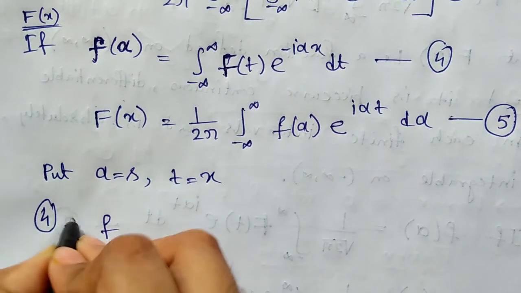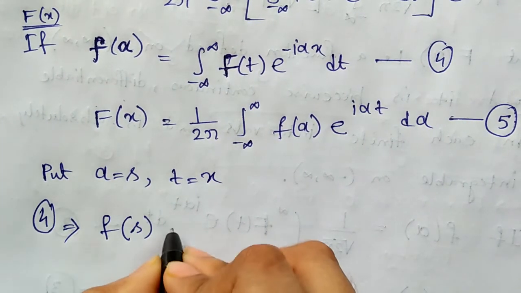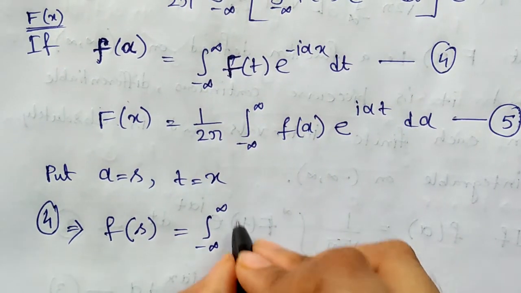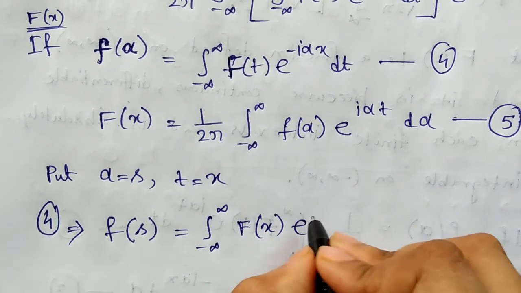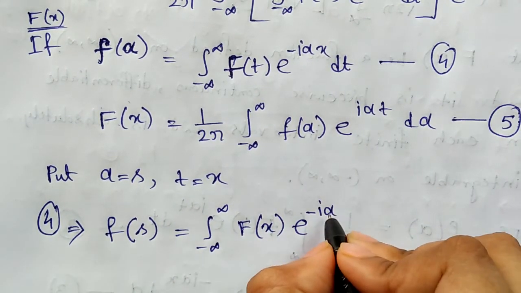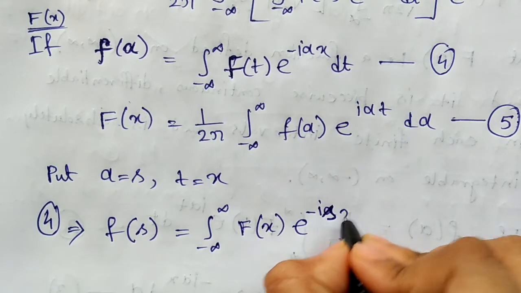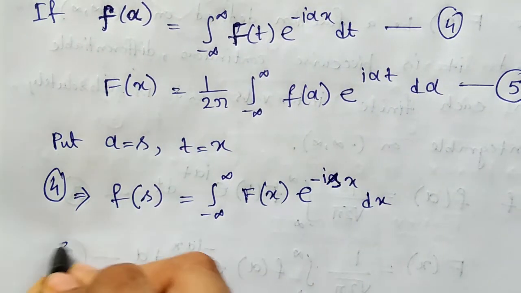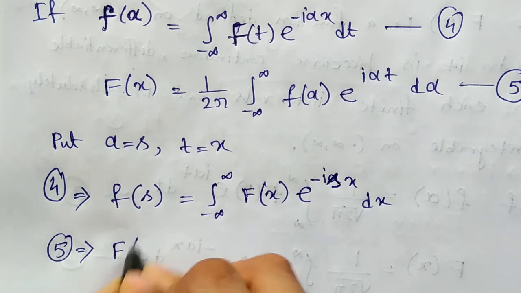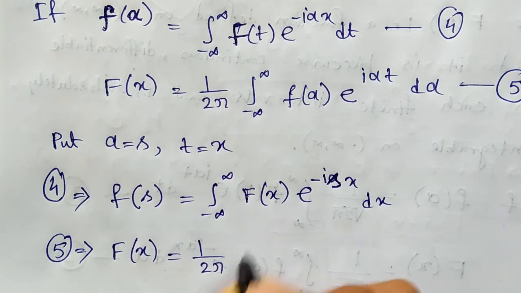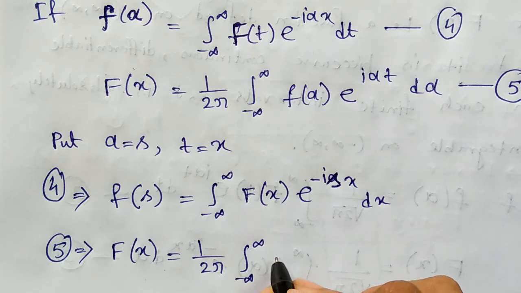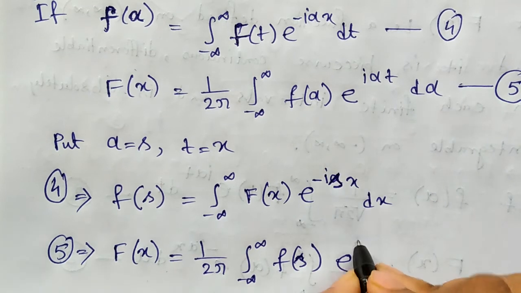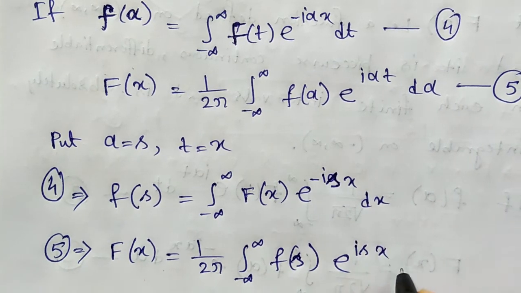So 4 implies f(s) equals integration minus infinity to infinity capital F(x) e to the power i s x dx, then this is dx, and from 5 we get capital F(x) equals 1 by 2 pi integration minus infinity to infinity small f(s) e to the power i s x ds.